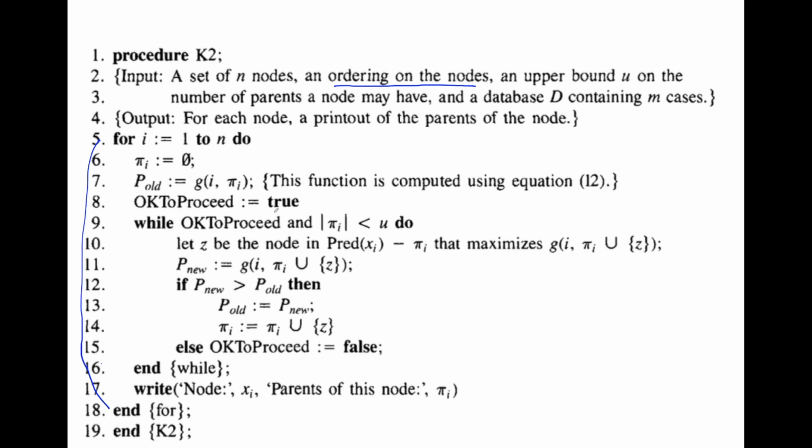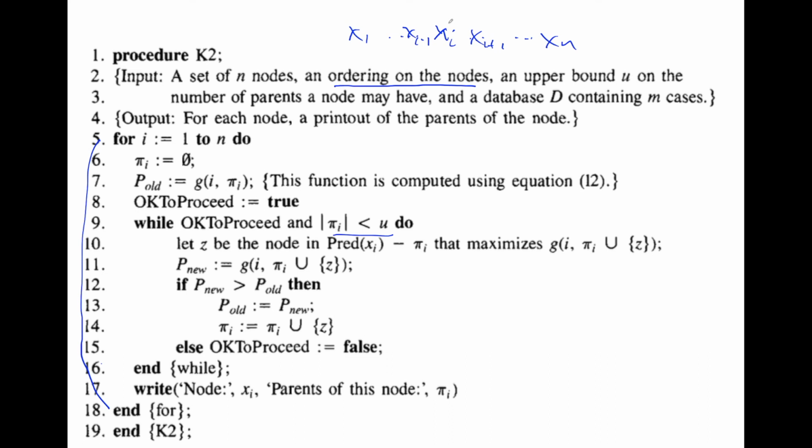So then you say, okay, let's go and we're going to limit our parent set for the ith node to U many nodes. And you start out with Z, a node in the predecessor list for the ith node. And in that predecessor list, you're looking for that family that maximizes the family score. So if you have some node xi, and you have some node x1, and you have some node xi plus 1, xi minus 1, and we go up to xn.